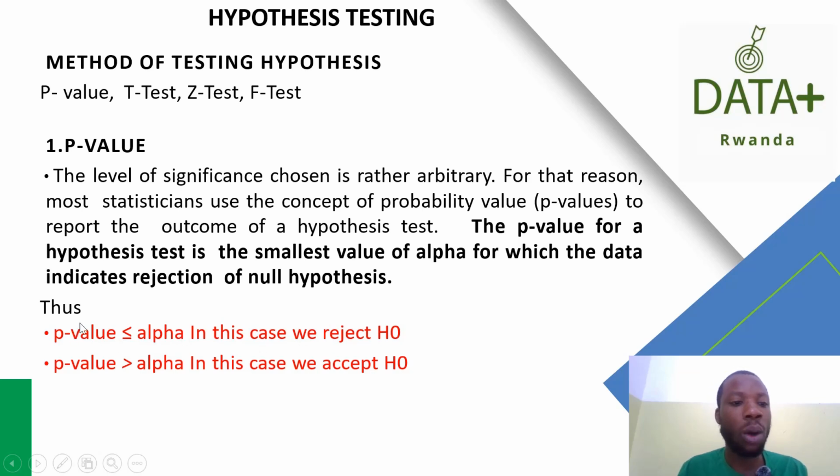It means that the error we made is less than the acceptable, so the position we are providing, our alternative hypothesis, is correct. And if the p-value, the probability of error we made during the process of getting information, is greater than the acceptable one, we fail to reject the null hypothesis. So we accept what the null hypothesis said. That is how we can take the decision.